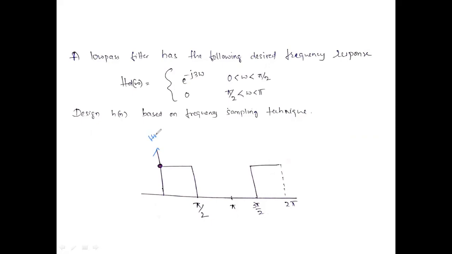Now what I have to do is split this omega. The total duration is 2 pi, so I have to make it into pieces of 2 pi divided by 7. First value will be 2 pi divided by 7 into 0. Second value will be 2 pi divided by 7 into 1.